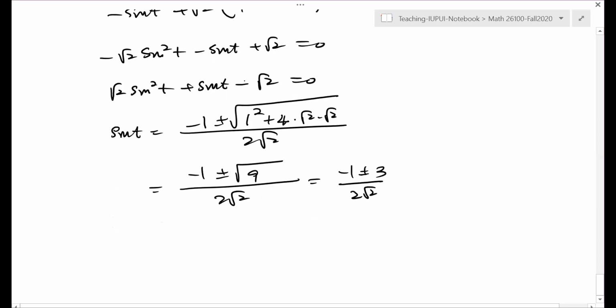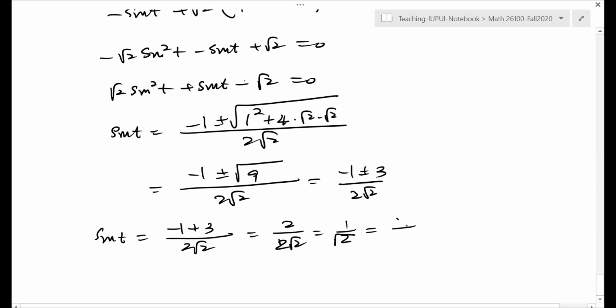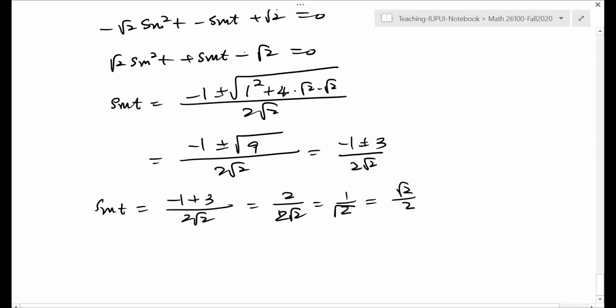So there are two possible solutions. When you choose a positive sign, minus 1 plus 3, I will get 2 over 2 square root 2, right? Okay, I get the square root 2 over 2. Good. Another solution is when sine t equals negative 1 minus 3.